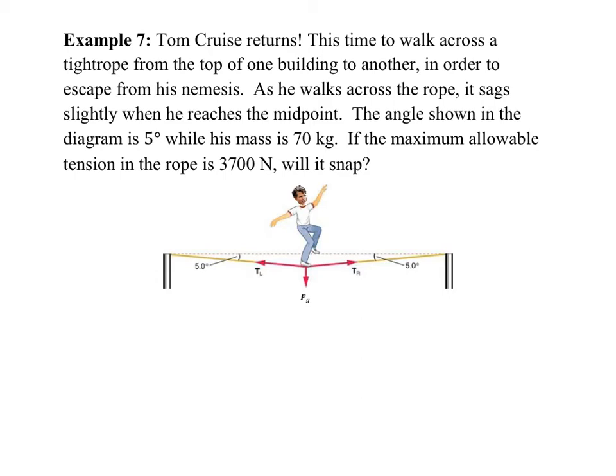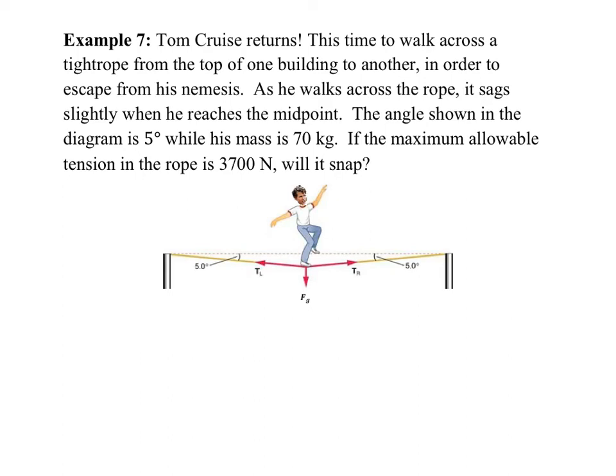As he walks across the rope, it sags in the middle slightly, okay, when he reaches the midpoint. The key to this problem, by the way, is the symmetry here. He reaches the midpoint, same angle, it's going to help us a lot. The angle shown in the diagram is 5 degrees, while his mass is 70 kilograms. If the maximum allowable tension in the rope is 3,700 newtons, will it snap? Will it snap?